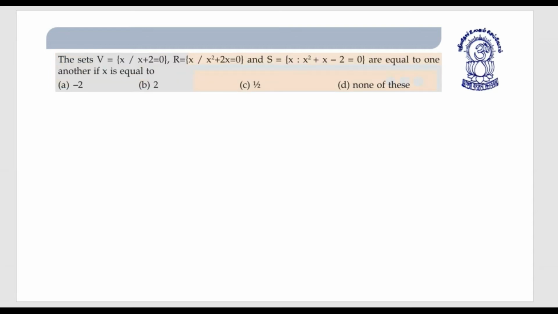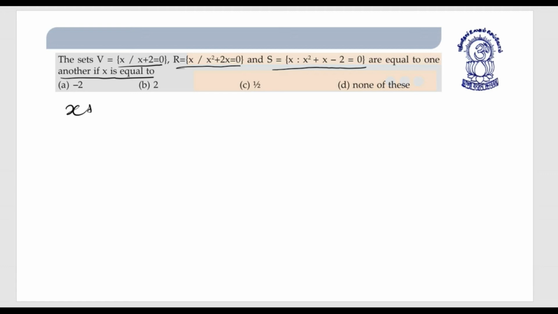Next one. The sets V = {x : x + 2 = 0}, R = {x : x square + 2x = 0} and S = {x : x square + x - 2 = 0} are equal to one another if x is equal to.